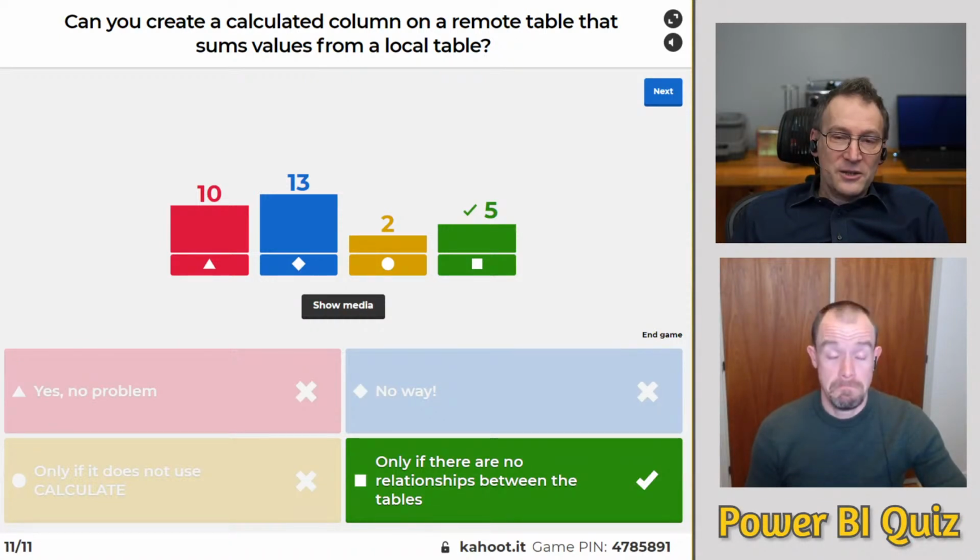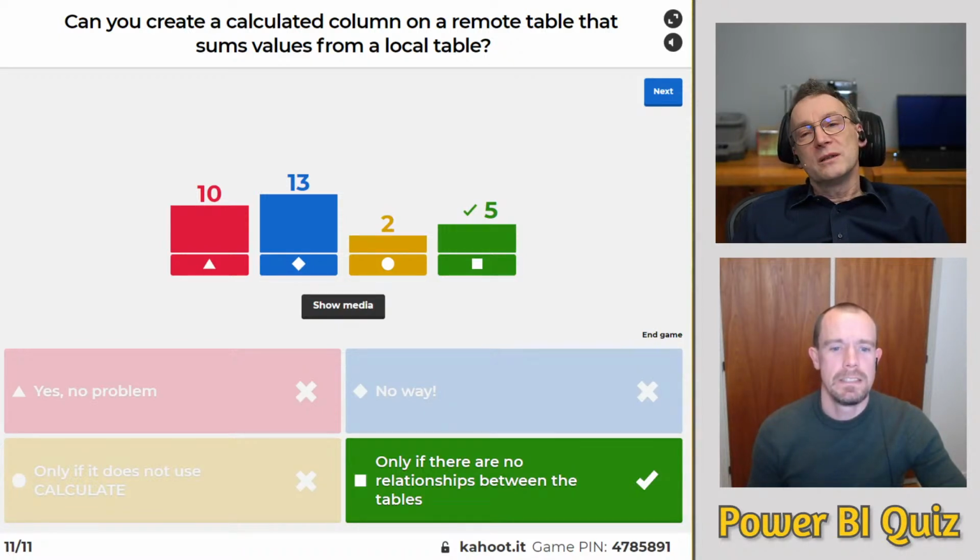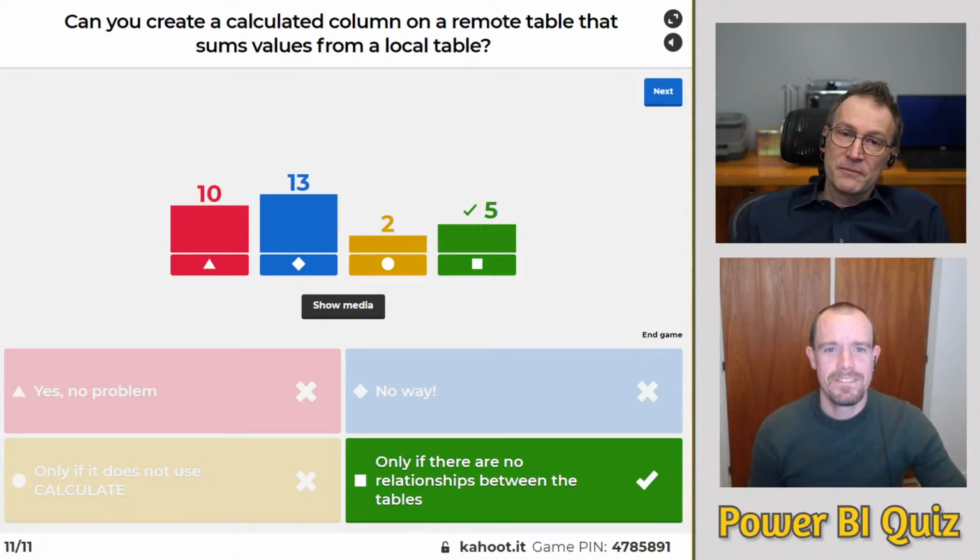That was really, really hard. Let's see. 13 said no way. 2 said only if it does not use calculate. 10 said yes, no problem. And only 5 people gave the correct answer. Now, this was really tricky, because we say that calculated columns need to be computed on the remote machine. So you cannot use values if they are coming from the local machine, the local model.